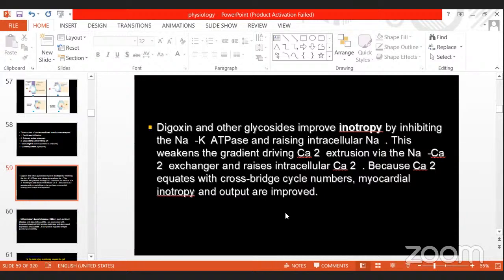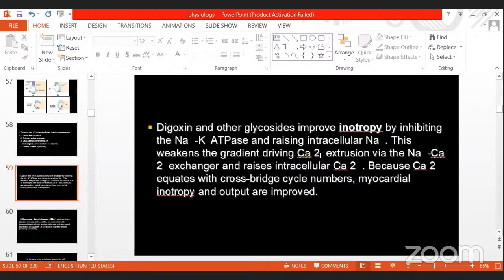Digoxin is a cardiac glycoside. Digoxin and other glycosides improve the inotropy by inhibiting the sodium potassium ATPase, which increases the intracellular sodium level. This increase in the intracellular sodium level weakens the calcium extrusion via the sodium calcium exchanger.